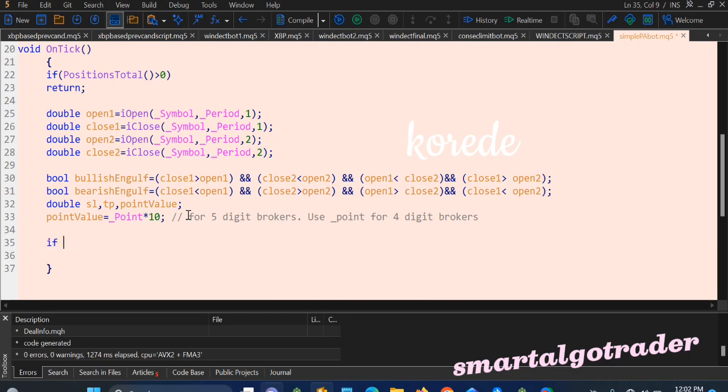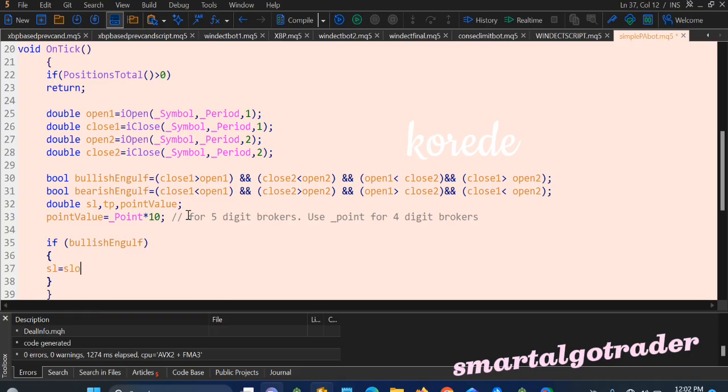So now, if bullish, I want to make some definitions here. So stop loss equals what?